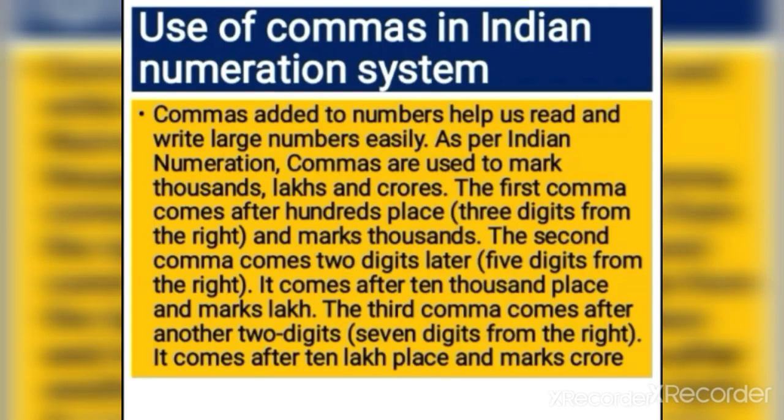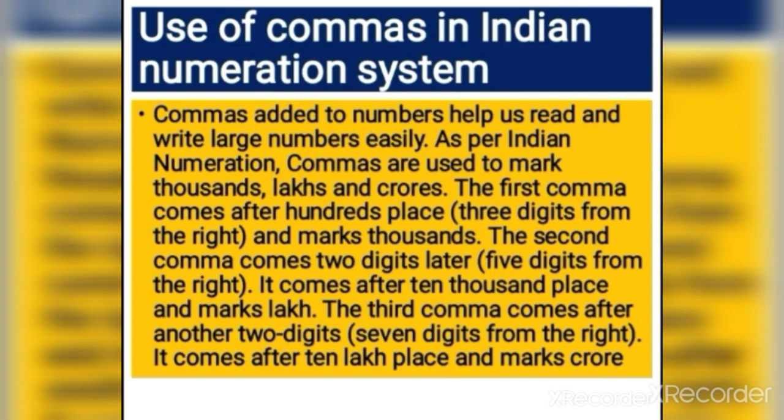Now let's understand the use of commas in the Indian numeration system. Commas added to numbers help us read and write large numbers easily. As per the Indian numeration system, commas are used to mark thousands, lakhs, and crores. The first comma comes after the hundreds place, 3 digits from the right, and marks thousands.